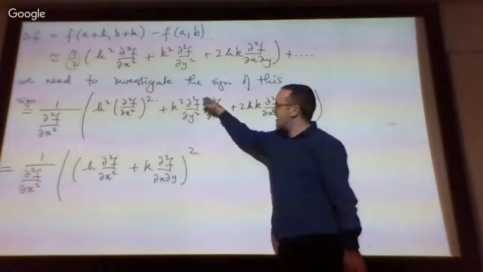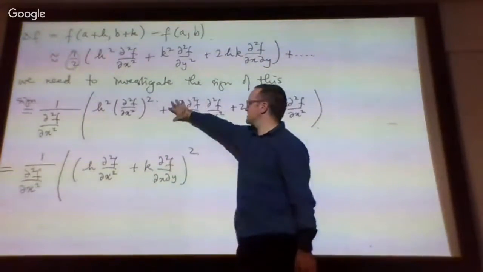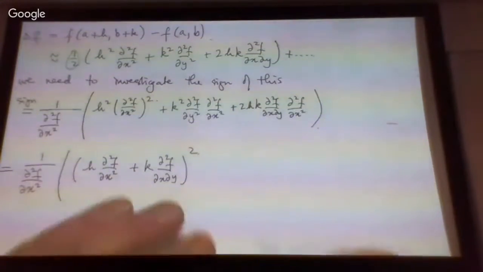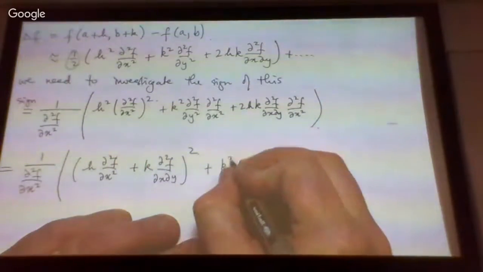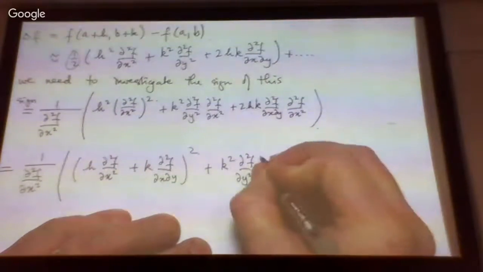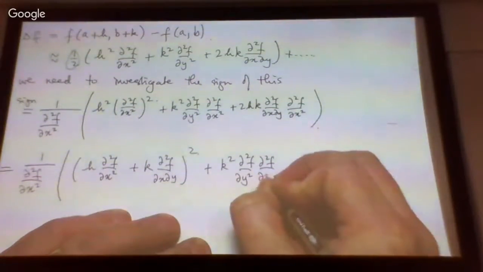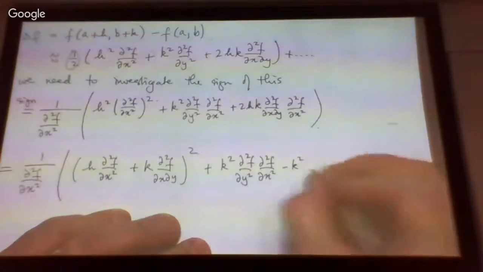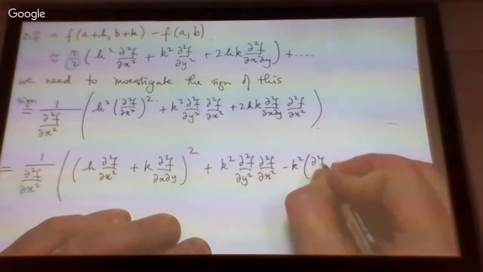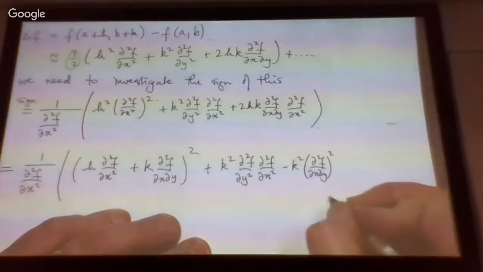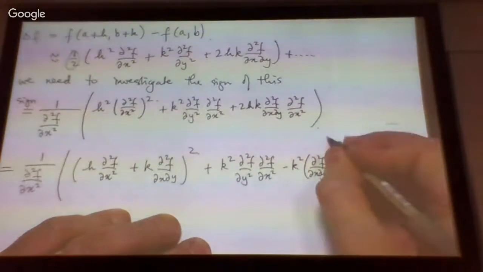And then I have to add on this term here, because this middle term isn't generated by that square. So I still have plus k squared d2f dy squared d2f dx squared, and then I have to subtract k squared times the square of d2f dx dy all squared. And then I still have this big bracket here.